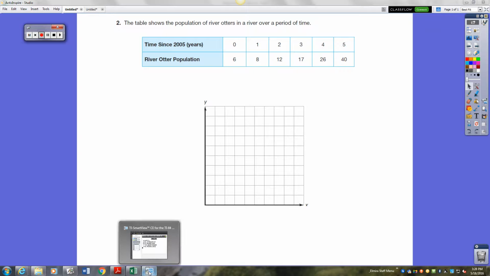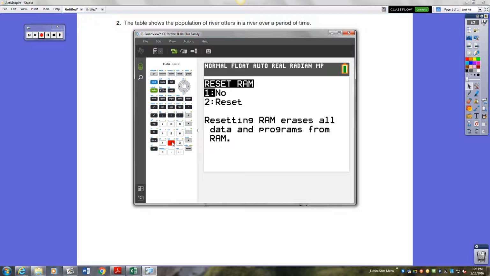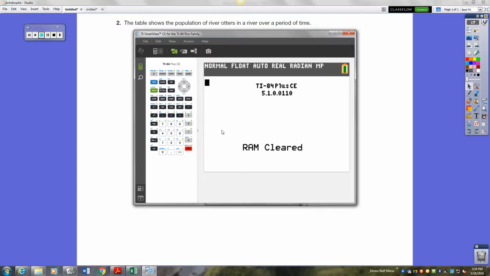Before we even start the problem, let's set up the calculator. We're going to hit second plus 7, 1, 2, just to clear everything out. You don't have to do that in between questions, but to start with, it would be a good idea. A couple things you're going to want to turn on. First of all, turn on Diagnostics.